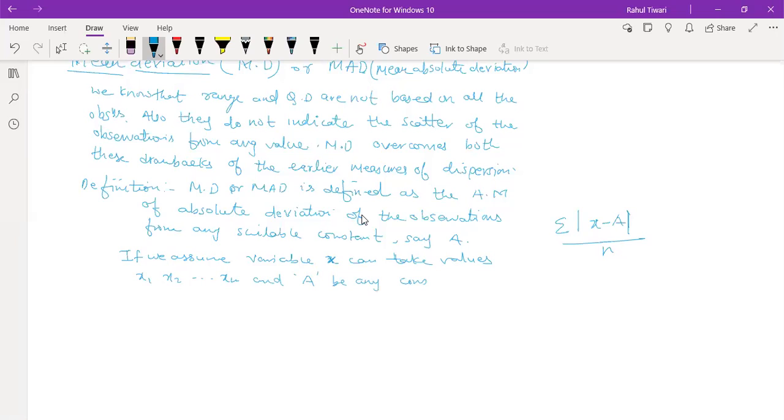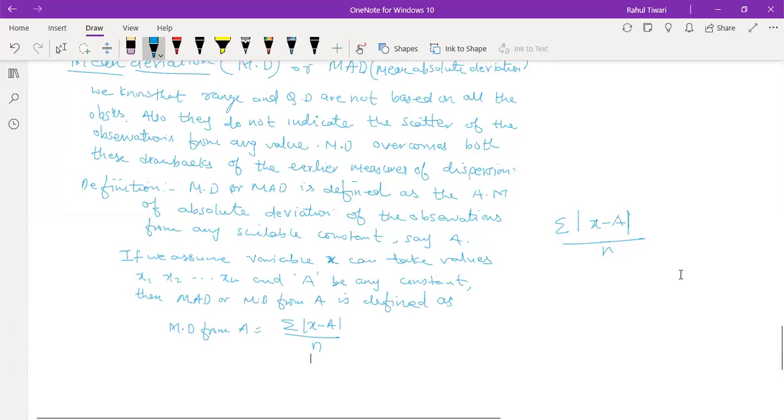Then MD from A is defined as MD from A is equal to 1 upon n, summation mod of x minus a. That is, summation of mod x minus a upon n. Any questions so far? Anyone?